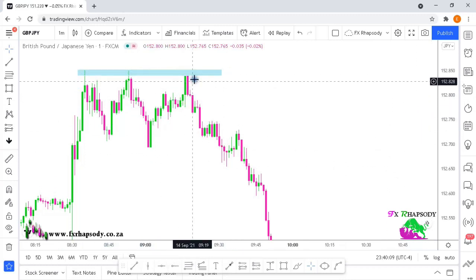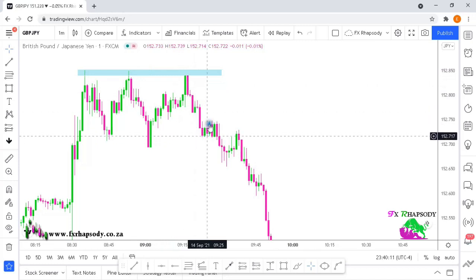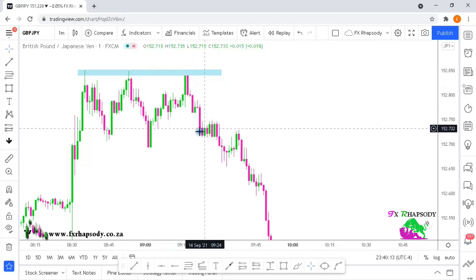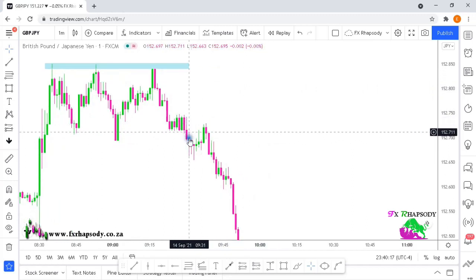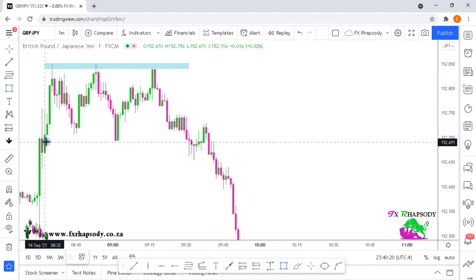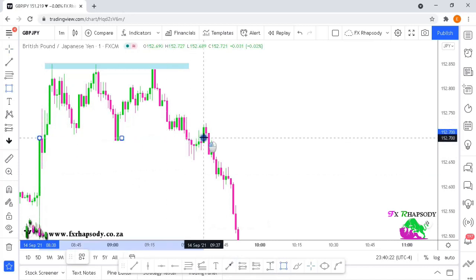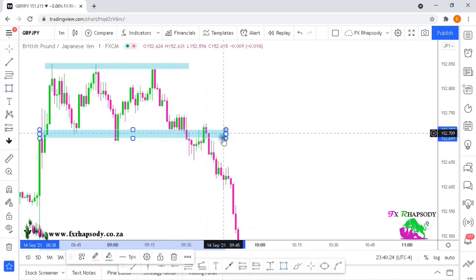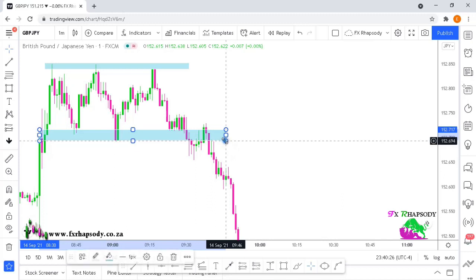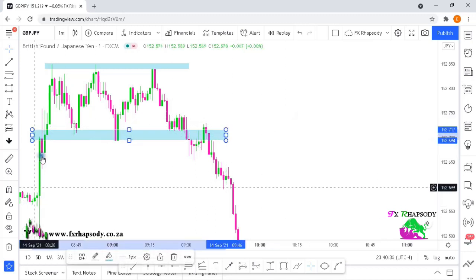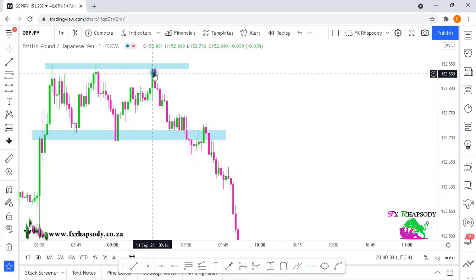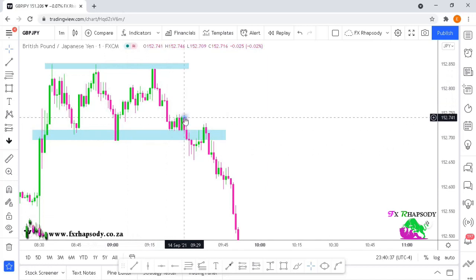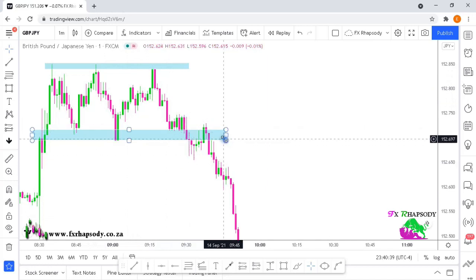Then this consolidation area over here is building up orders, and as soon as this area broke, and you can also see this area over here, there you go. As price came up, it was rejecting a little bit, bouncing off it, and this break over here was an indication that price is going to move to the downside.